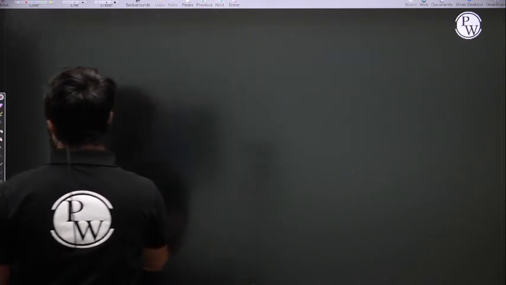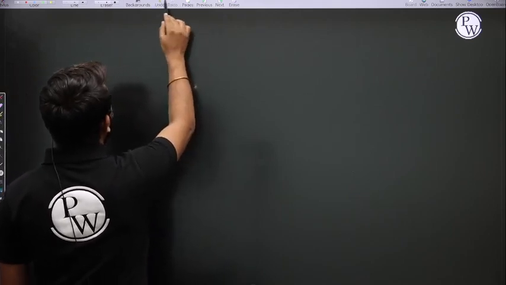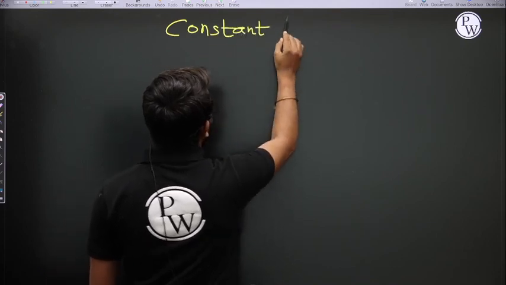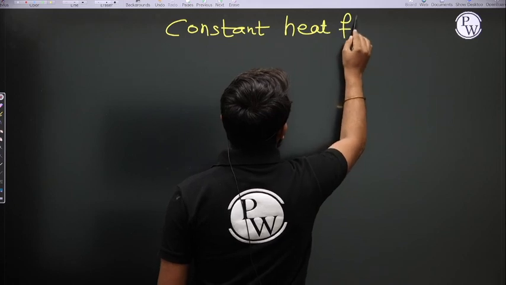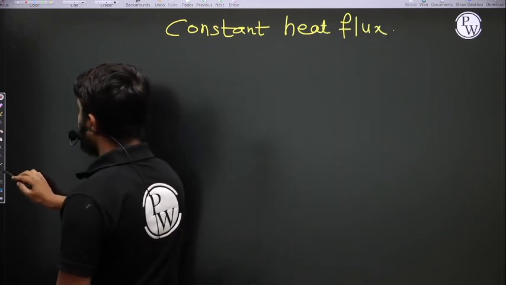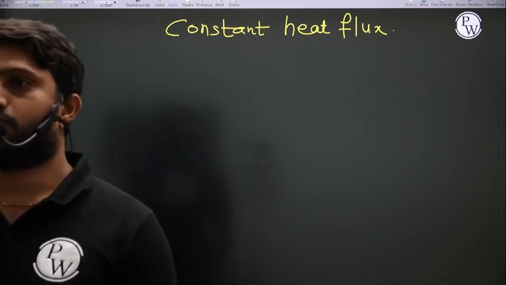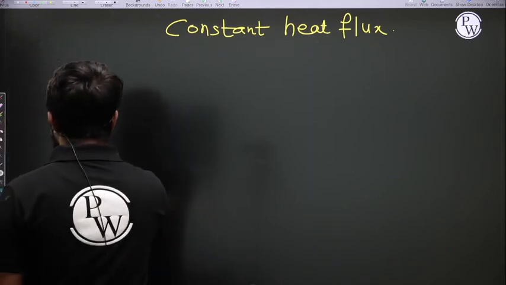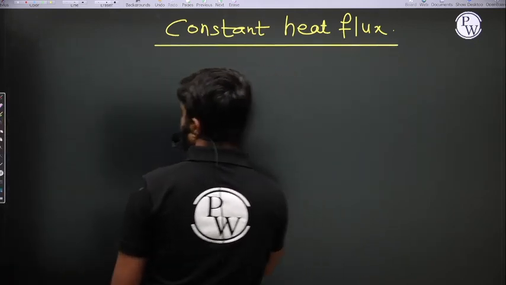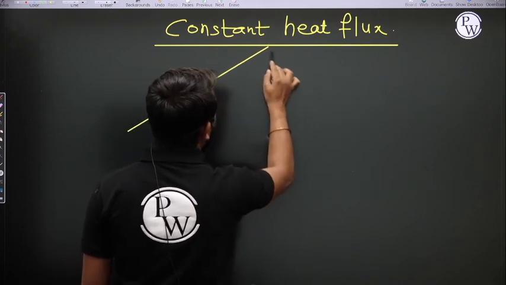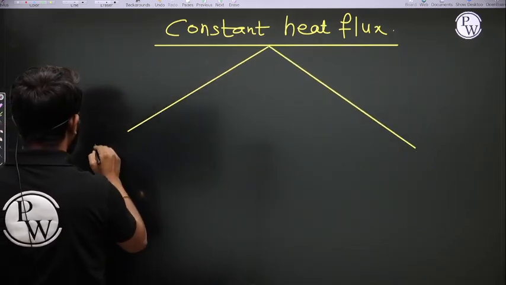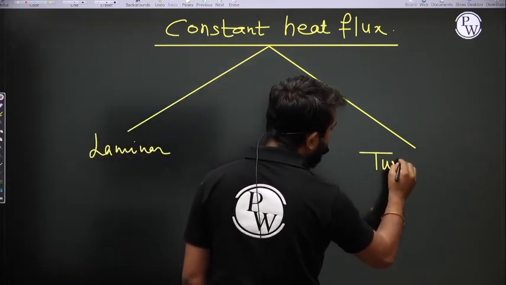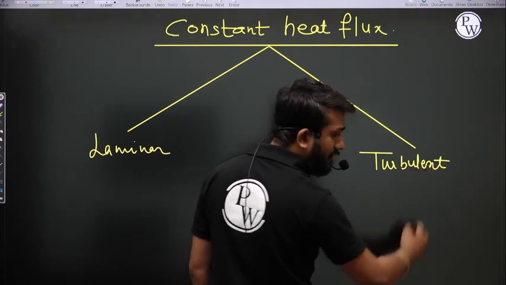Okay, and if there is a constant heat flux case, again two possibilities: either flow is laminar or flow is turbulent.